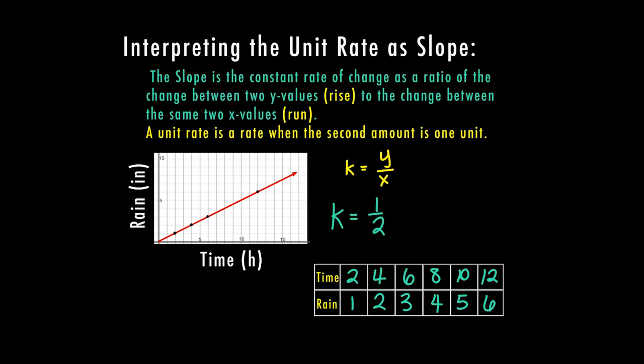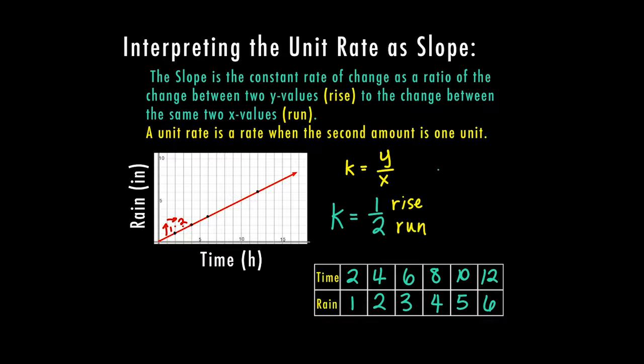So we want to put y over x. If we want to use our graph here, we're going to go up 1, and then to the right 2. So again, we have a rise of 1, which goes on top, and a run of 2, which goes on the bottom. So we'll go ahead and just label this rise over run.